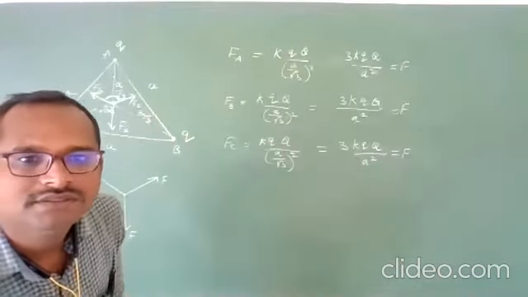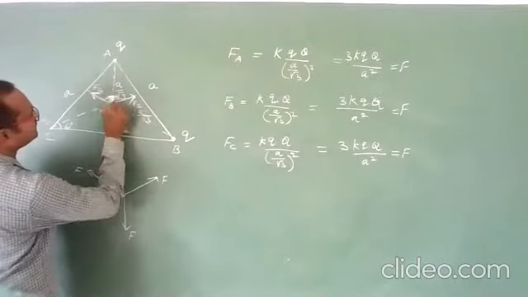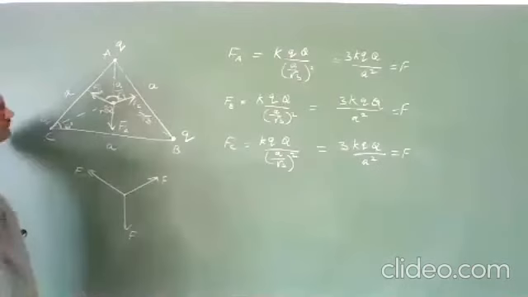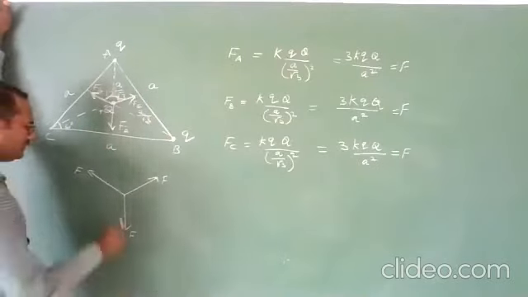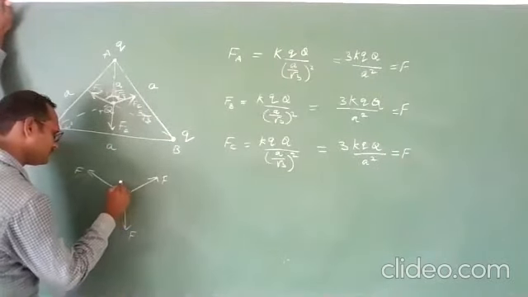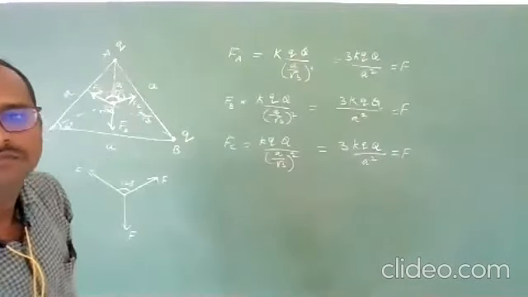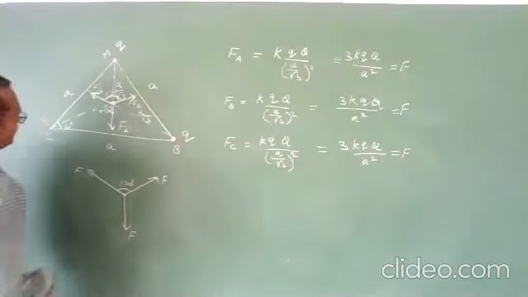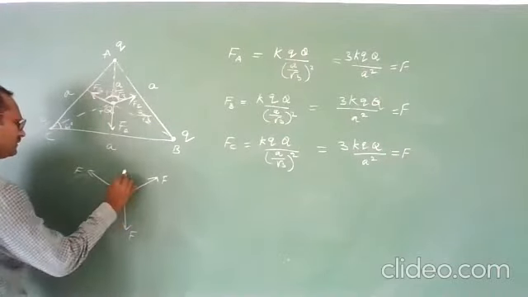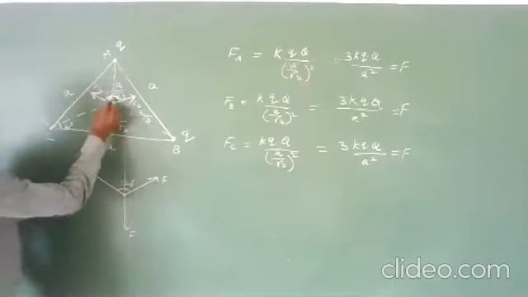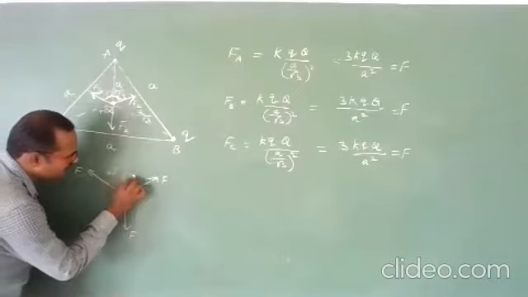See, this angle is 120 degrees. Here there is a vertical line, which means this will be 60 degrees and this will be 60 degrees.